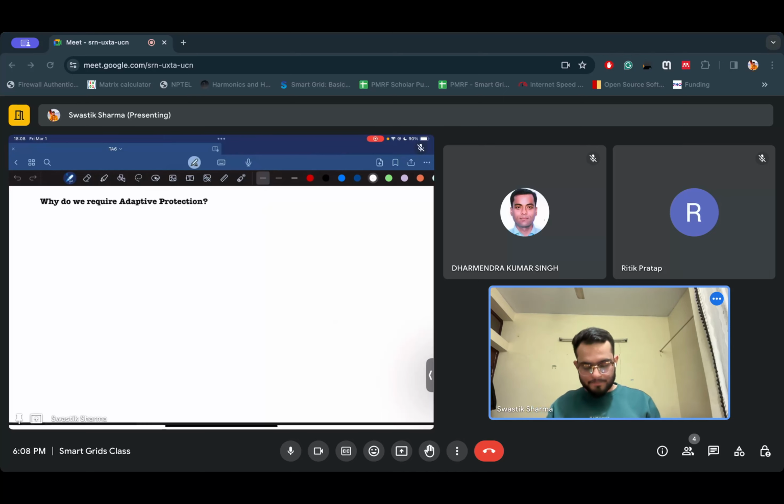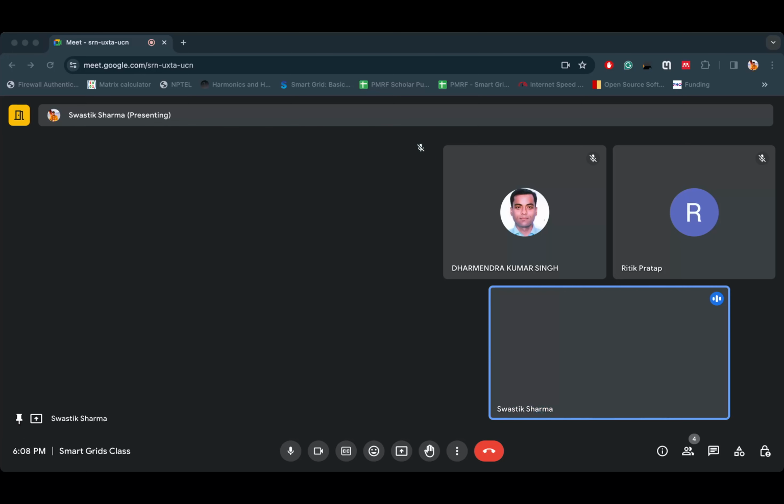Okay, so let's discuss why we really need protection, and what protection is going to achieve for these new smarter grids with rapid deployment of DERs.